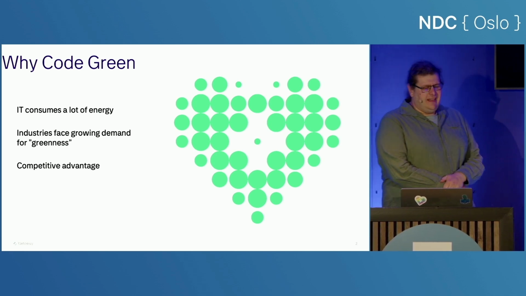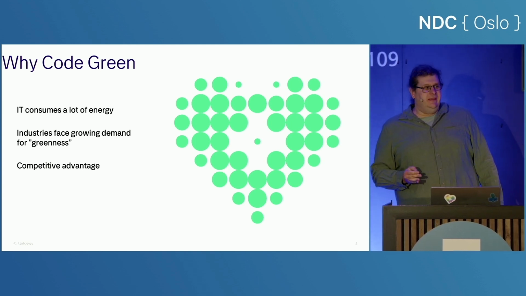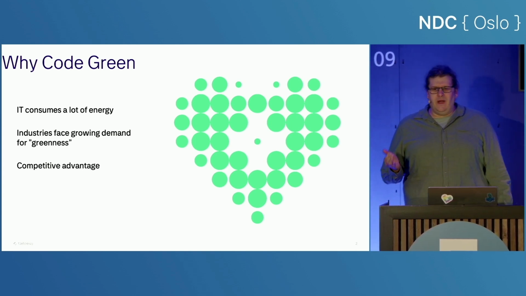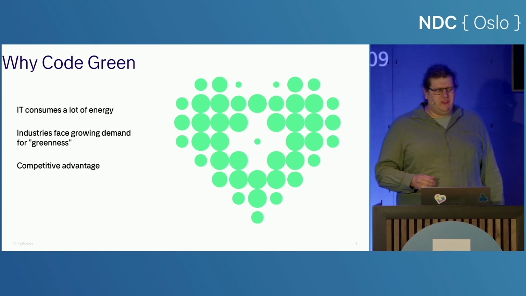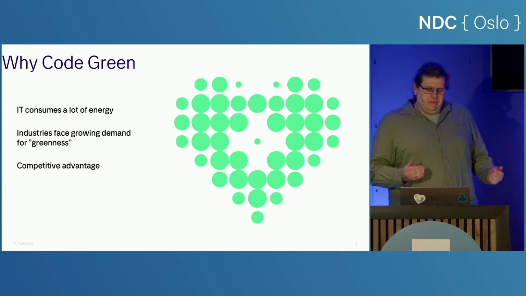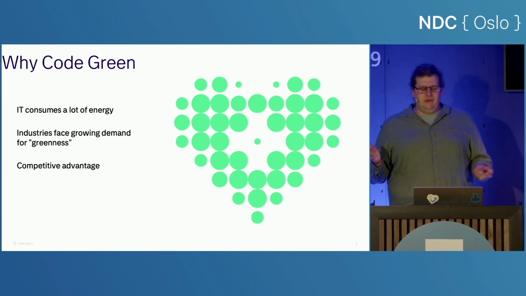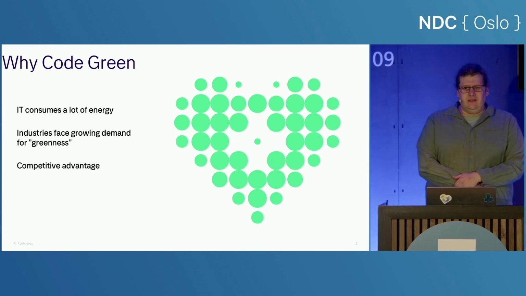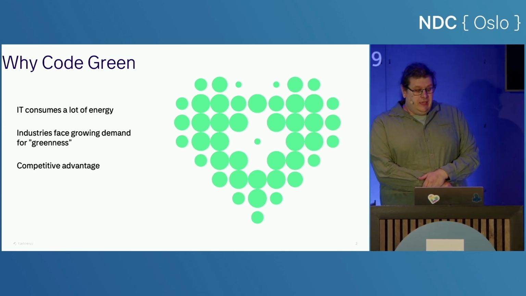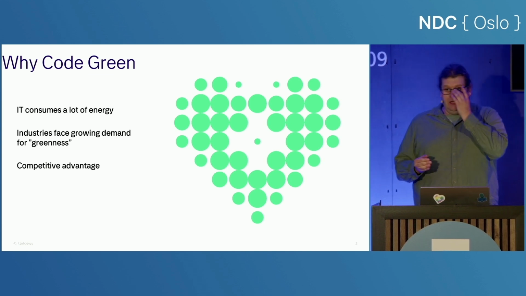But the thing is that IT consumes a lot of energy. And with a lot, I mean somewhere around twice as much as aviation. Estimates vary. As all kinds of industries are facing growing demands for greenness from regulators and customers, so will IT at some point probably feel some of this pressure.